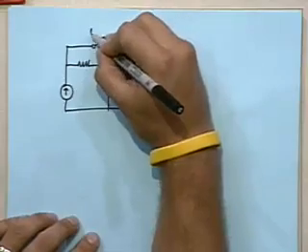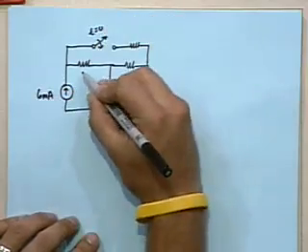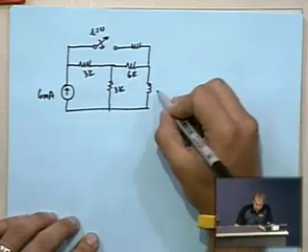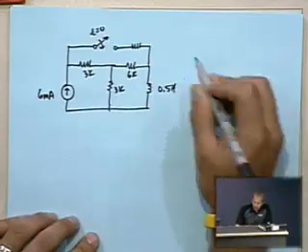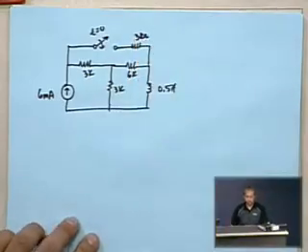The switch closes at time t equals 0. We have a 6 milliamp source. We have a 3K resistor, a 6K resistor, a 3K resistor, a half of a Henry inductor on that, and a 3 kilohm resistor up on the top.